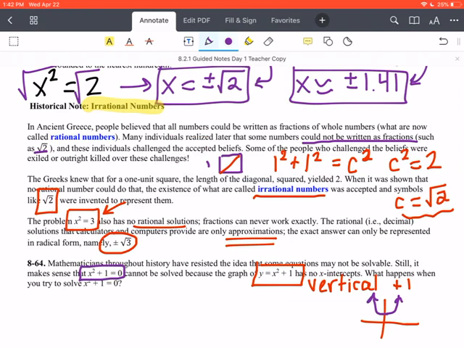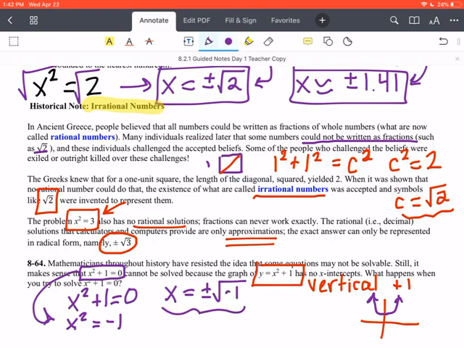So why or how could we anticipate that without the graph? Because some of us don't like to graph. Well, if we just start solving it by hand, we're first going to move the 1 over to the other side. And then if we square root both sides, we get x equals plus or minus the square root of negative 1. But what do we know?